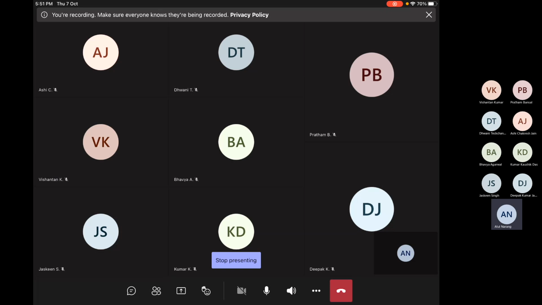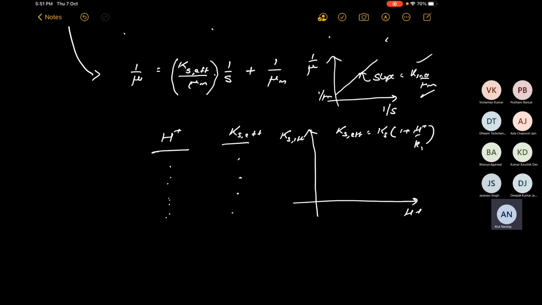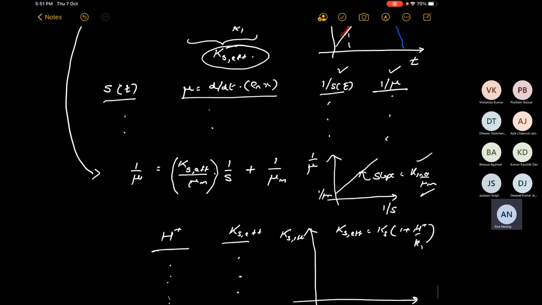But like I told you in the class, for the vast majority, the Ks value is on the order of milligrams per liter, and if it is, you're never going to see it. But it's pretty obvious that this method they are suggesting will, in theory, work.